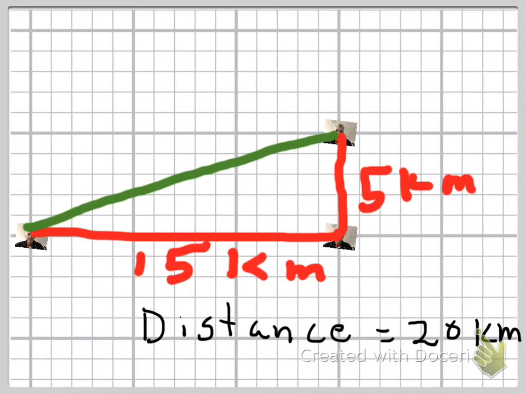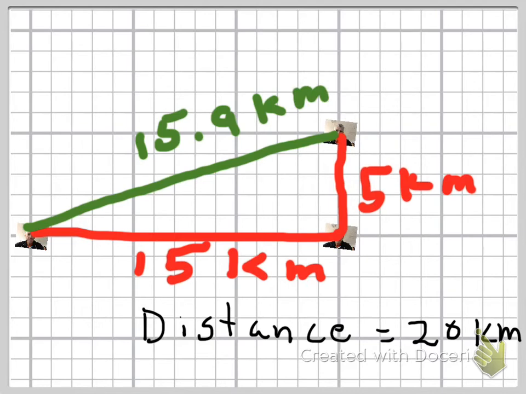Now, using a little bit of trigonometry, I'm not going to go into that right now, but we can discover, actually just a little bit of Pythagorean theorem, that that hypotenuse is really just 15.9 kilometers.